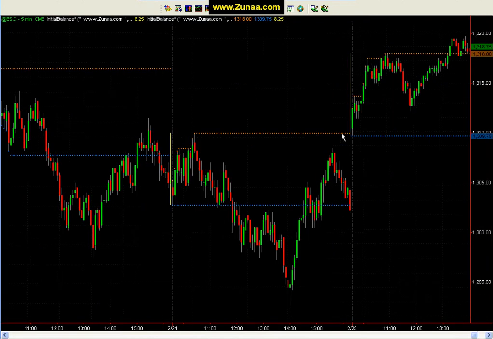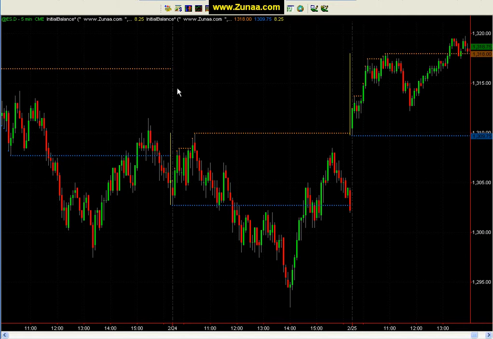Here's a 5-minute chart showing us a 90-minute range. So this would be the initial balance based on a time period of 90. We equipped this with an input where you can enter your initial balance time period in terms of minutes.